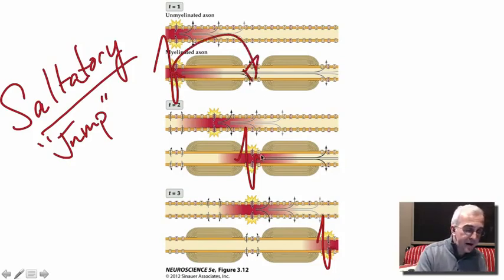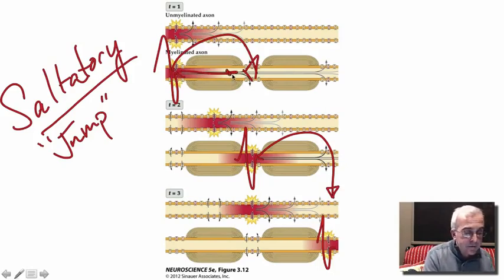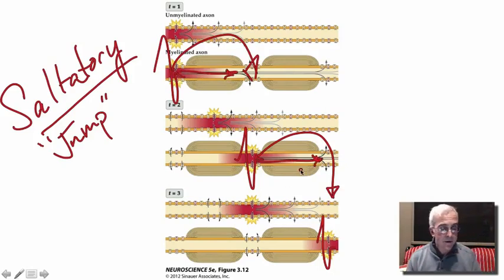And it's because the action potential need not be regenerated along each adjacent segment of membrane. Because of the efficiency of the passive flow of current along the length of the myelinated segment, action potentials only need to be regenerated at each node. So there's this jumping of signal from one node to the next, to the next, to the next along a myelinated axon.